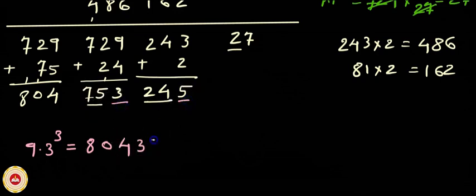Write this 5. And what is the right part? 7. Write this 7. But the given number has 1 decimal place, so its cube will have 3 decimal places. So the answer is 9.3 cubed is 804.357.